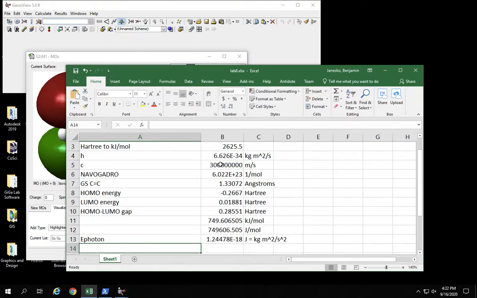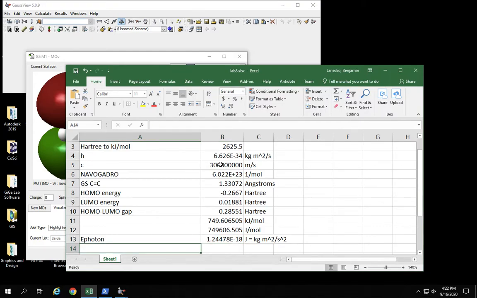So this is now also equal to the photon energy. So if I had a photon whose energy equaled the energy of the HOMO-LUMO gap, that photon's energy would be 1.2447 times 10 to the minus 18th joules. So a photon of wavelength lambda has energy E equals hc over lambda. That's a basic quantum mechanics thing.